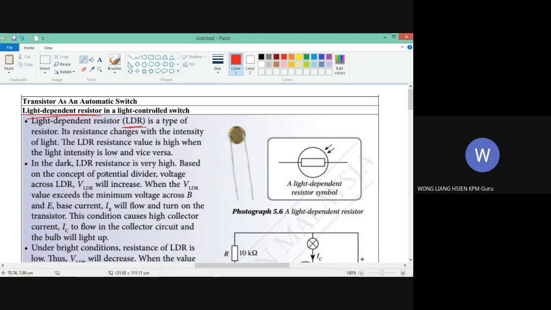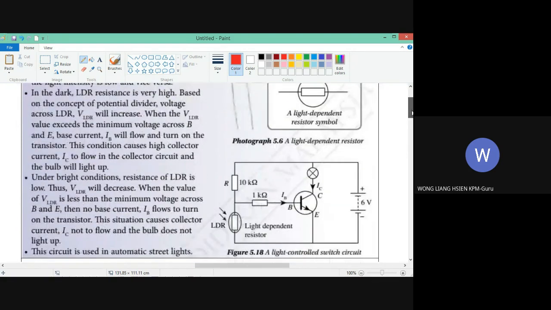Based on the concept of potential divider, voltage across LDR will increase. When the voltage of LDR exceeds the minimum voltage across base and emitter, base current will flow and turn on the transistor. This condition causes high collector current to flow in the collector circuit and the bulb will light up.